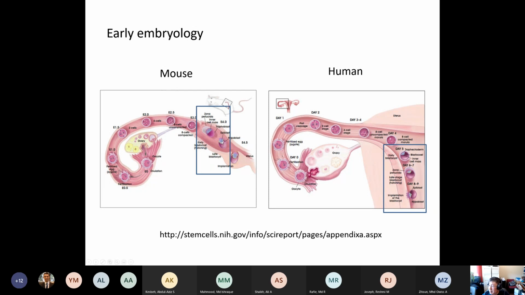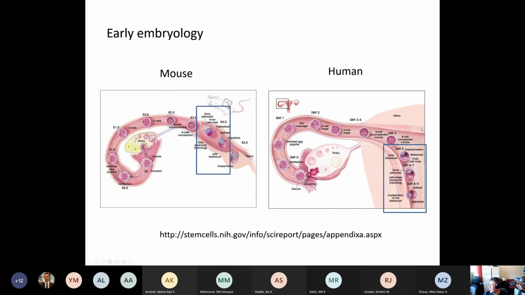If you take the cells here and put them into culture, they can also become a pluripotent stem cell, but they're called epiblast stem cells. It's no longer embryonic stem cells, okay? Although they're still in a developing embryo, you assign different terms to them. So that's the difference between embryonic stem cells and epiblast-derived stem cells.